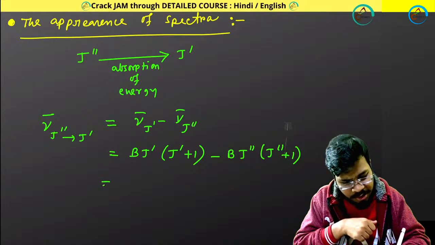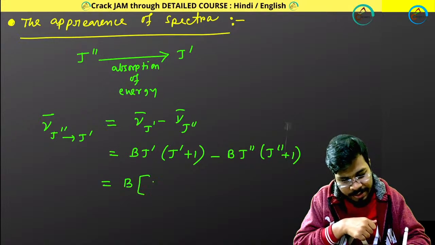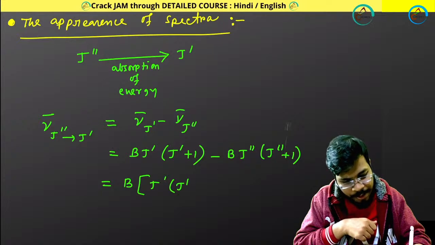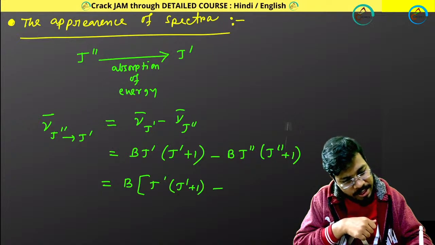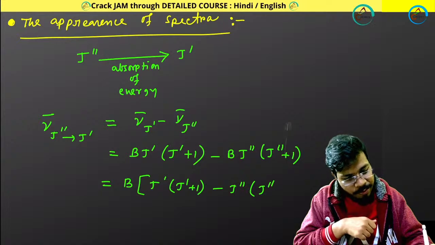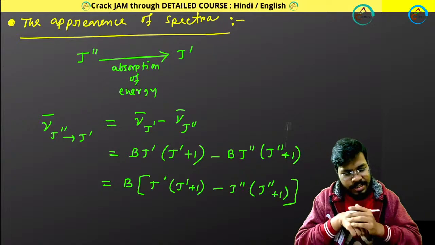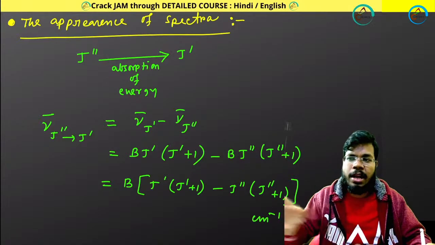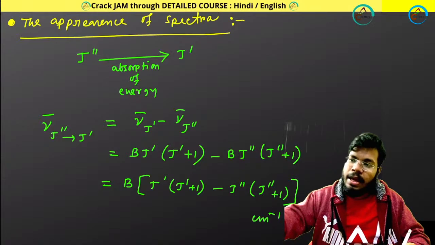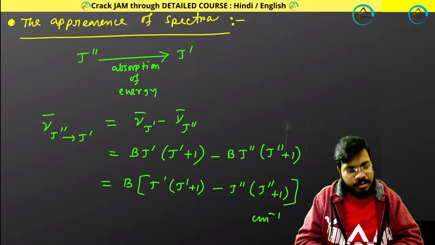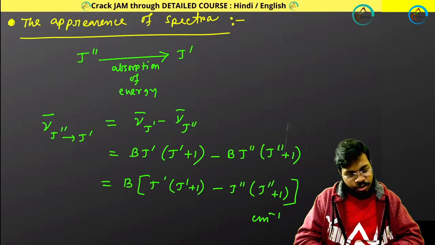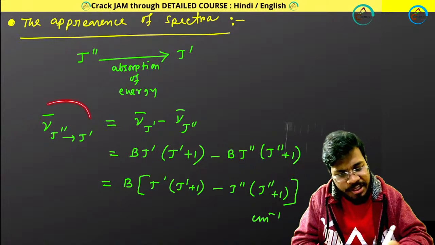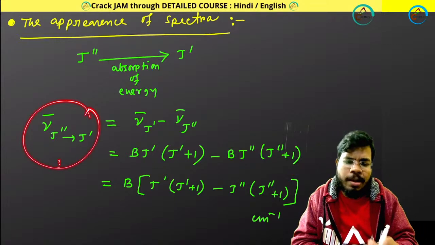If you do the calculation further, you will be getting B J'(J' plus 1) minus again J''(J'' plus 1). You will be getting this kind of expression, and this expression will give you the unit in centimeter inverse. Perfect. So that is the expression from which I will be showing you absorption and emission spectra.